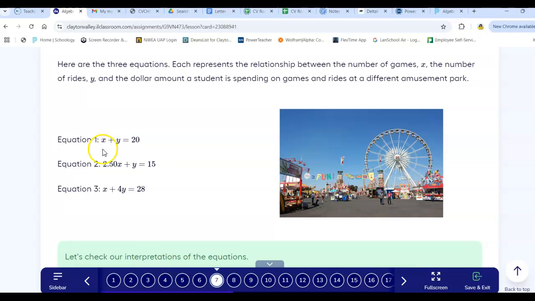So they're keeping everything the same. X is games, Y is rides. And the dollar amount is different. Okay? And these are 3 different amusement parks. Okay? And they're asking you to choose one of these to play with in your student task statement.